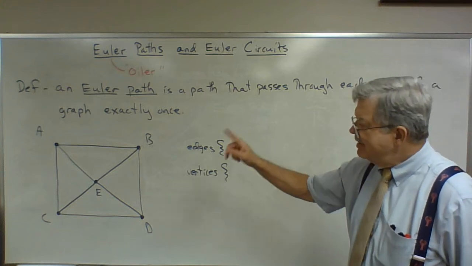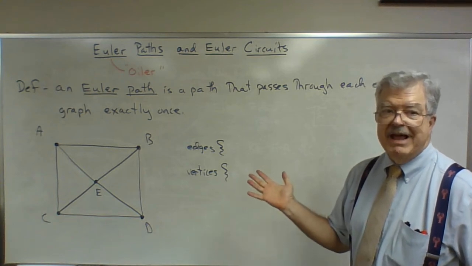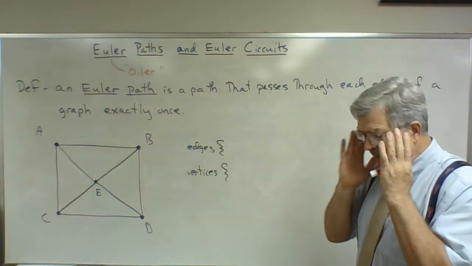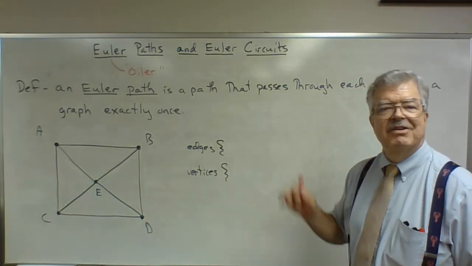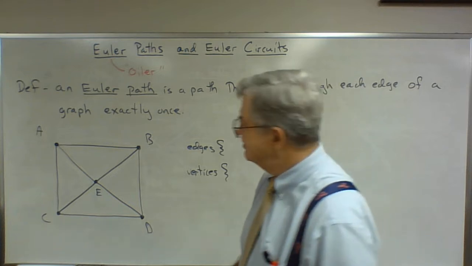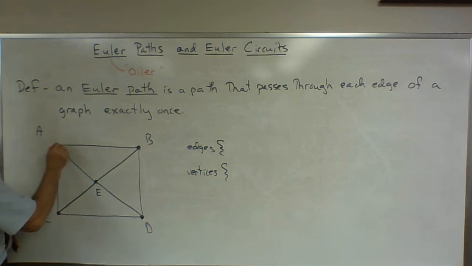Okay, A, B, C, D, E. Okay, I don't get an A for imagination, I'm sorry. And since I don't get an A for imagination, I guess I'll start at A again, just because that's what I did all the times before. And I'll go from A to B, so there's this edge covered.